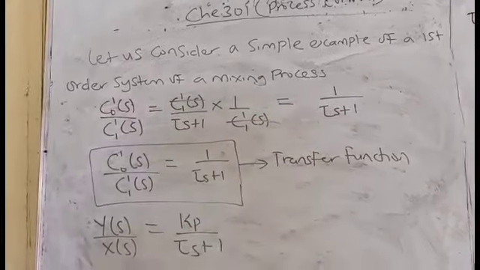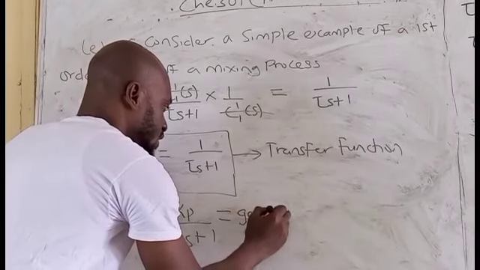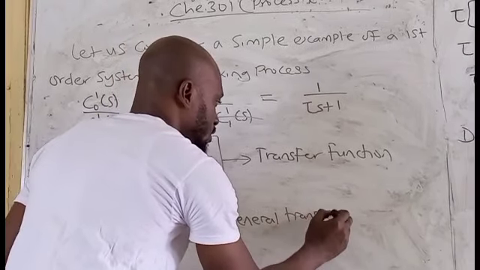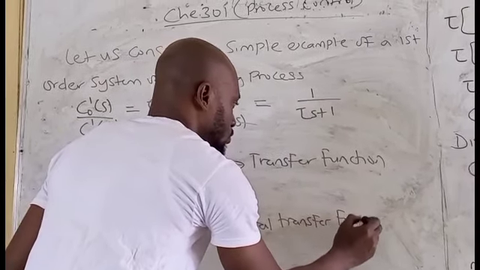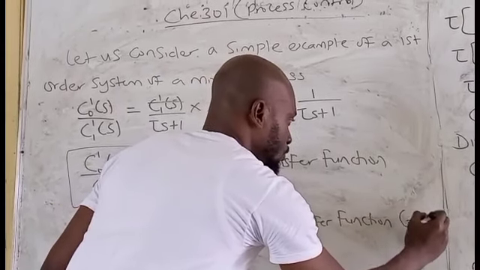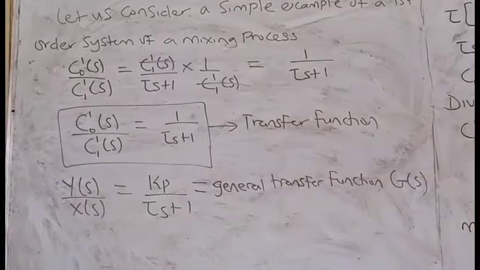This is the general formula for this one. This G(s) is known as the general transfer function.